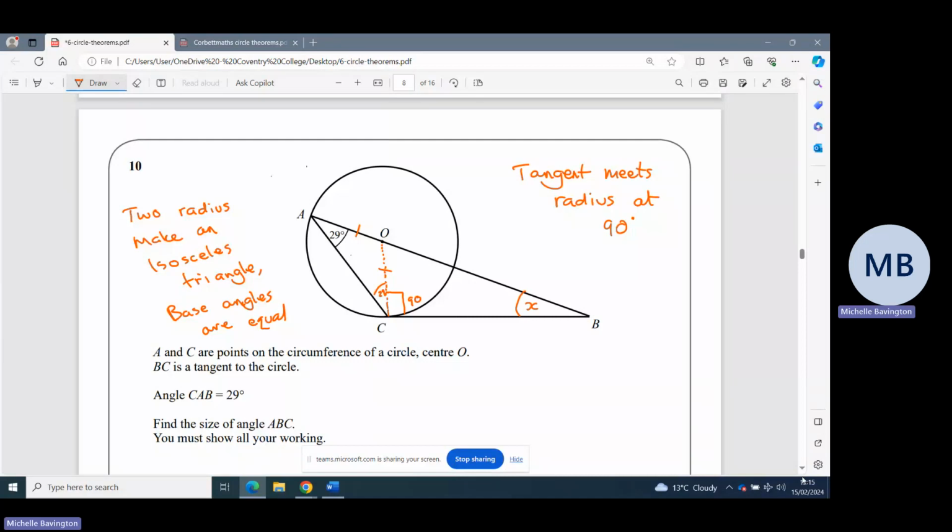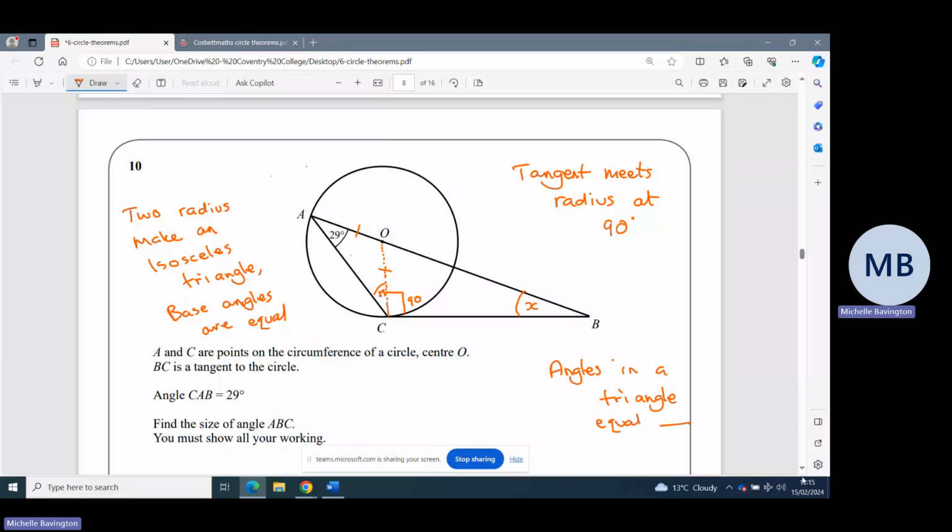I think it's quite simple now. Angles in a triangle, blah, blah, blah. Angles in a triangle equal, I don't know, you tell me. Okay, so sometimes you can put lines in to help you. Right, okay, that's number 10.